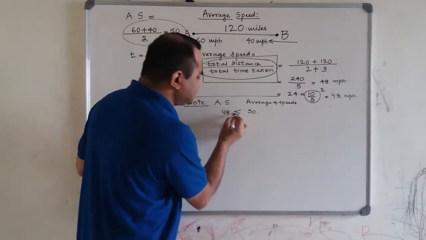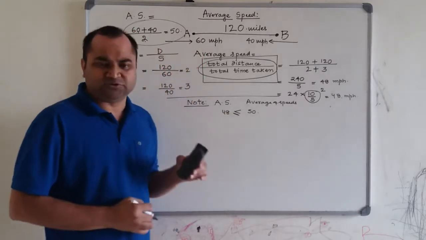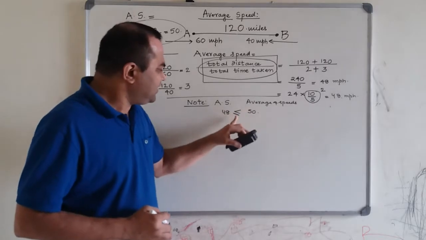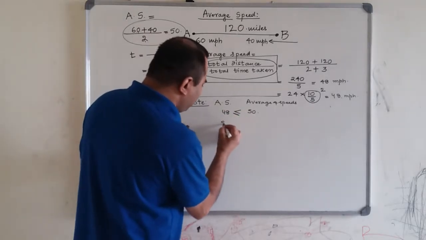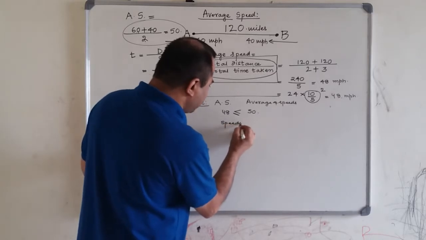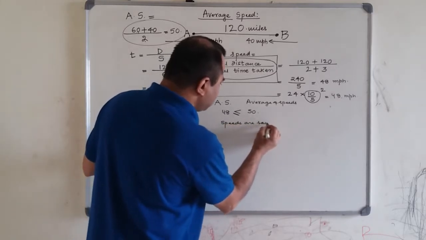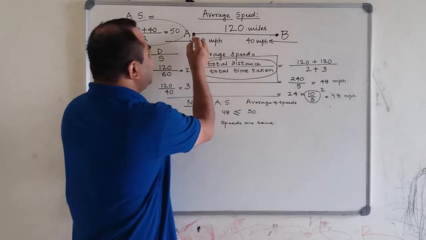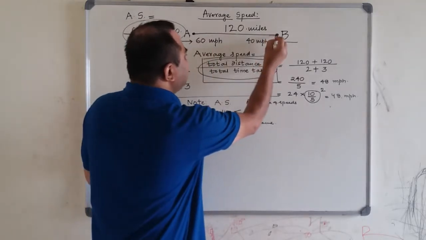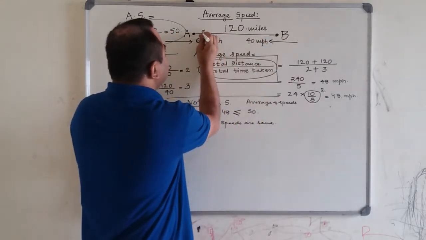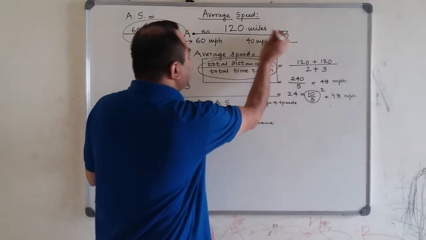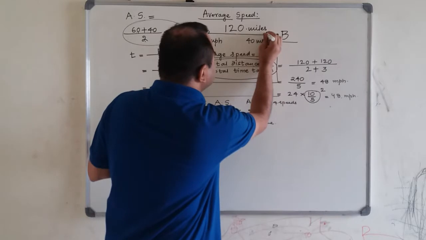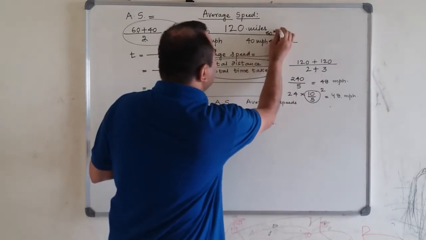Sometimes it could be less also. It could be equal also, not less. Less is already said. Equal also it can be, and that will be when the speeds are the same. Suppose the speed taken by the car for traveling from A to B is 50 miles per hour. And the speed for the car for traveling from B to A also is 50 miles an hour.